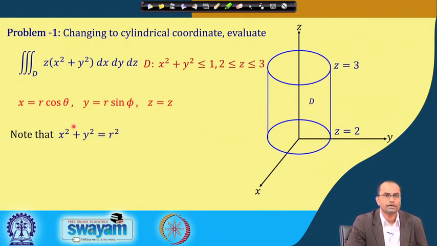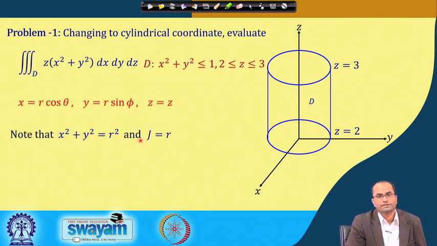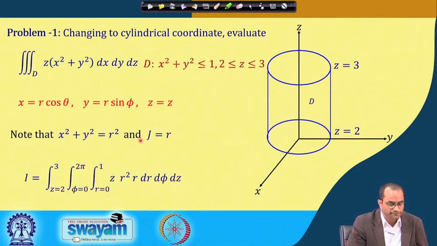We also know that x square plus y square in this case will become r square, and also the Jacobian term which we will require for this change of variable of this triple integral, in cylindrical coordinates, that is also r, we have just evaluated in the previous slide.